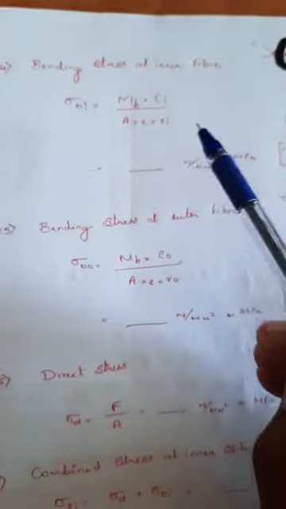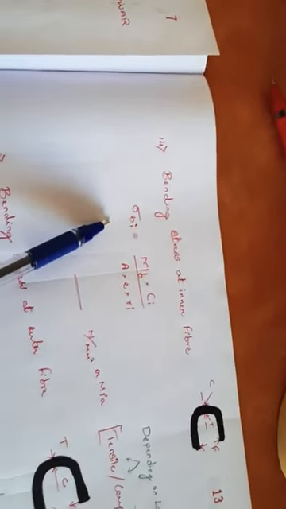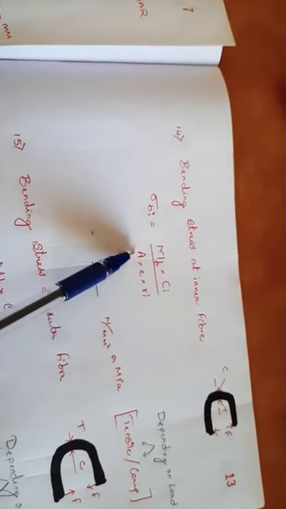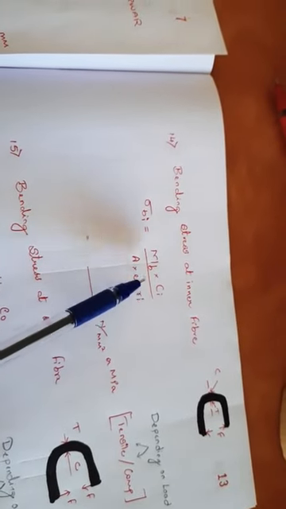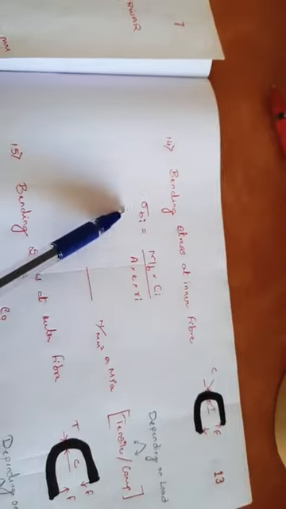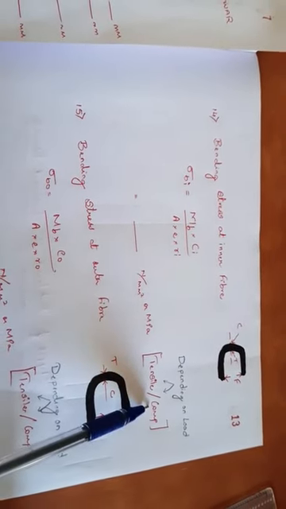So next comes the bending stress at the inner fiber, sigma Bi. So MB, Ci, over A, e, Ri. Substituting, we get the value. Depending on the force, it is tensile or compressive.